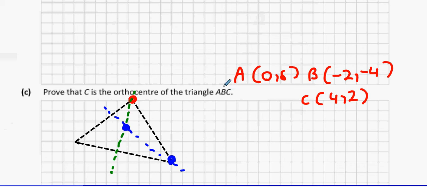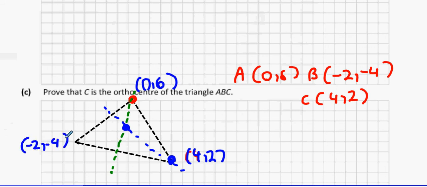So what we're going to do here, guys, is imagine the point C is (4, 2). It's not drawn to scale. And this is A, which is (0, 6), and this is B, which is (-2, -4). First I'm going to get the slope of this line here. So how do we get the slope? Slope formula, okay?